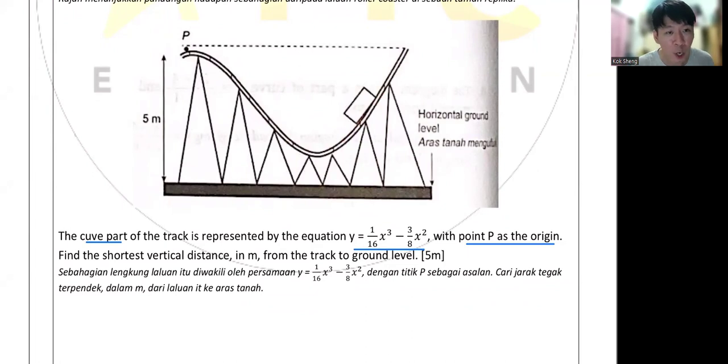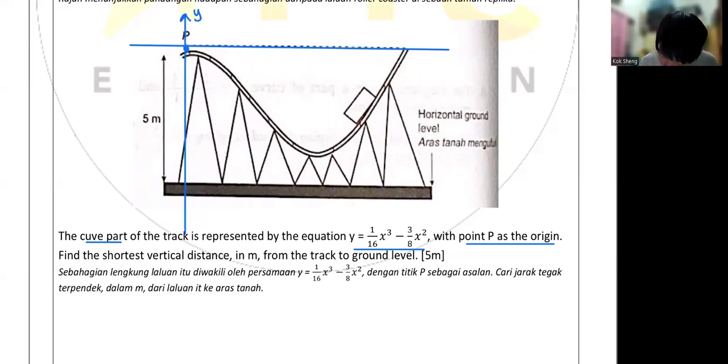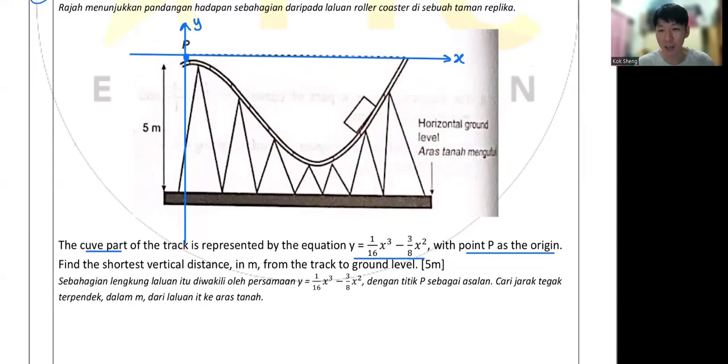And it says that point P is the origin, which means point P is here. This is your x and y. No wonder the picture already says it. Again, point P is the origin, so your x and y axes must be there.